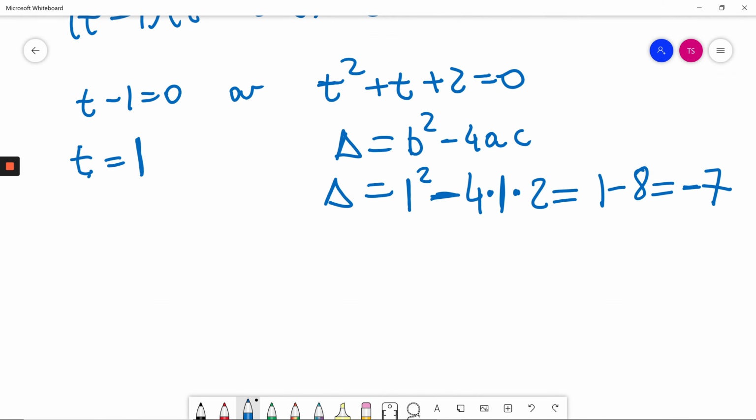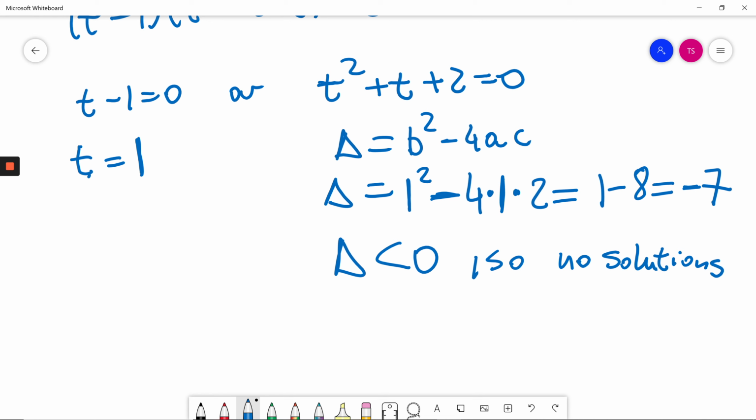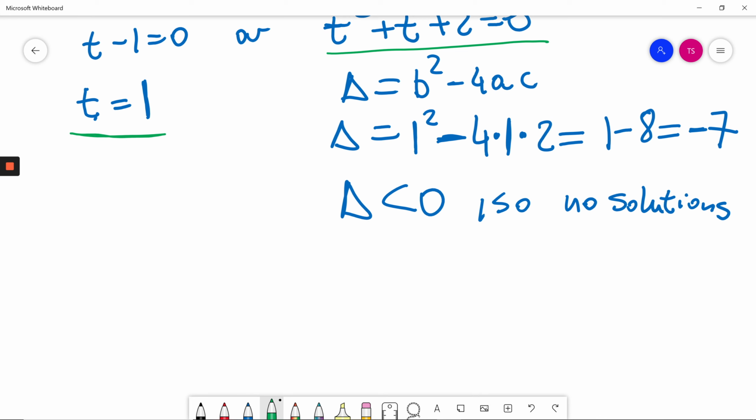The discriminant is less than 0, so no solutions for this equation. So t equal to 1 is the only solution.